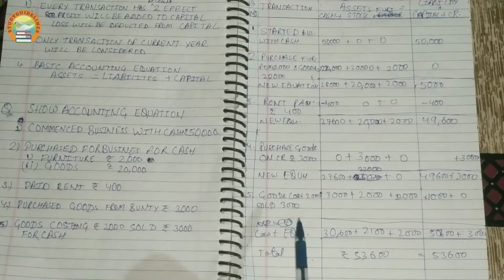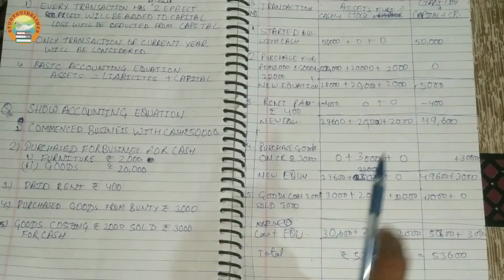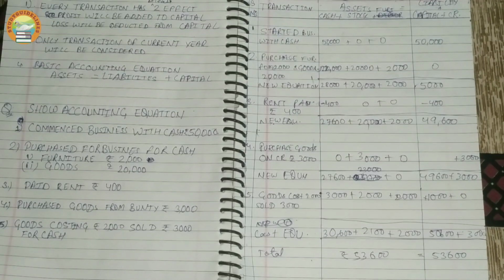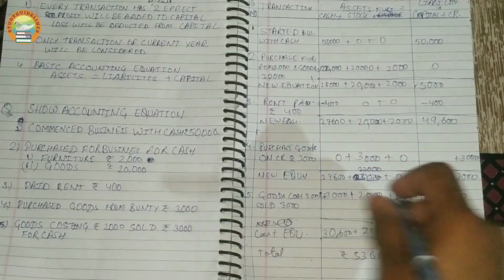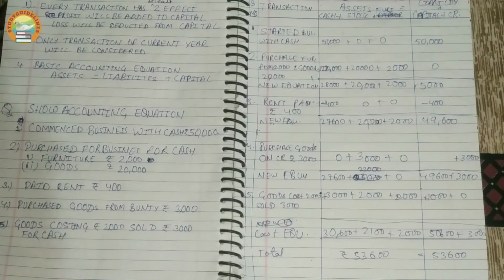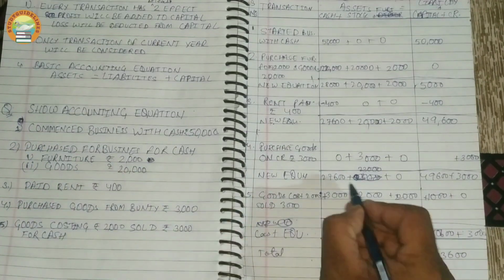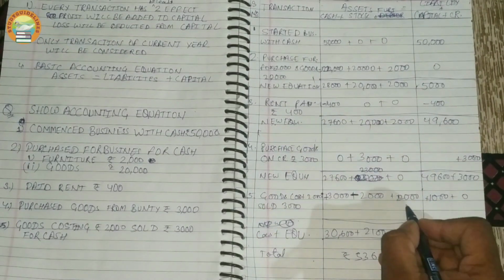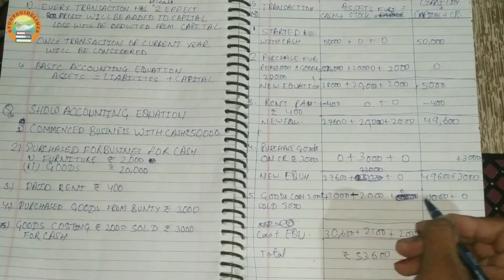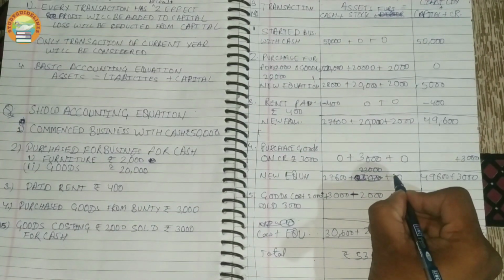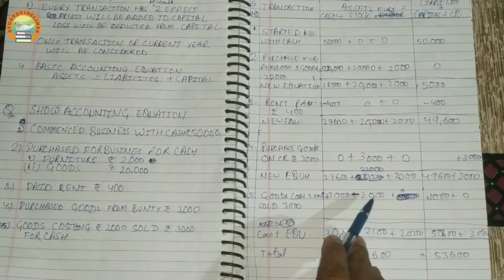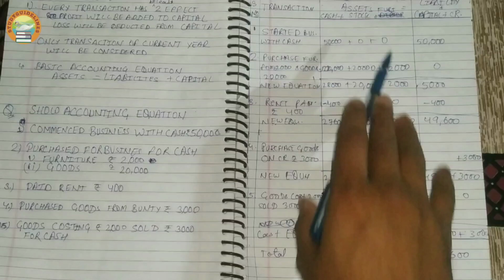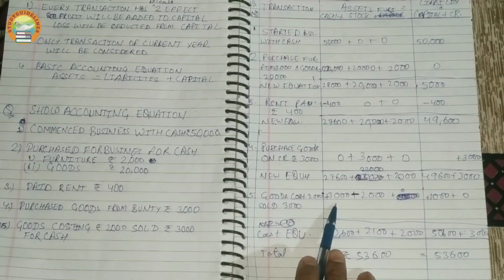The fifth one: goods costing 2,000 were sold for 3,000 in cash. There are two sides. 3,000 will be added to cash, and 2,000 will be deducted from stock, as the goods cost 2,000. The 1,000 profit will be added to capital. So the new equation is here.